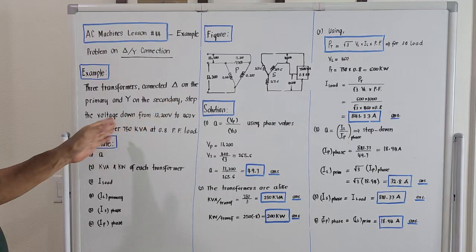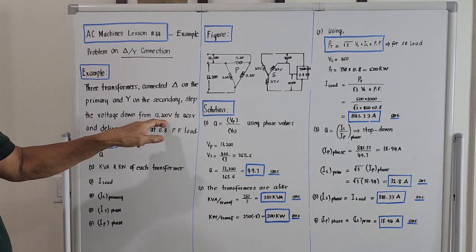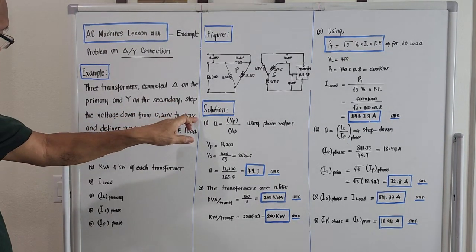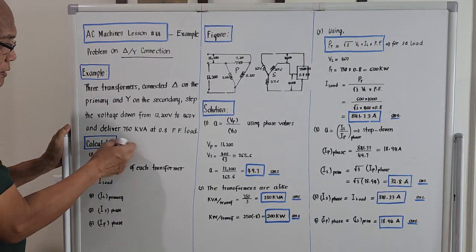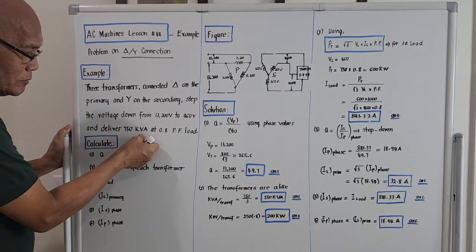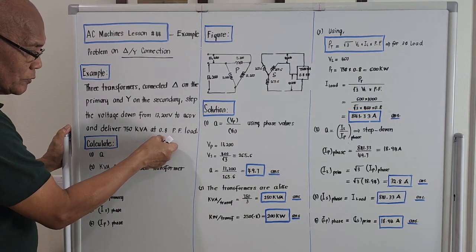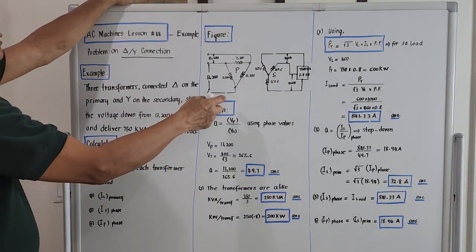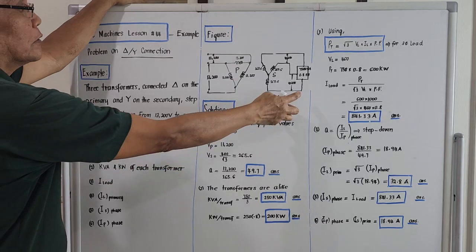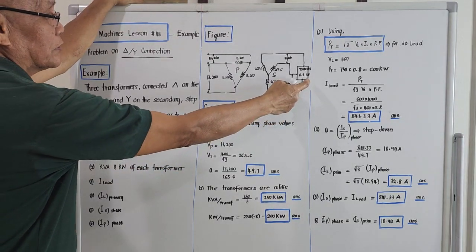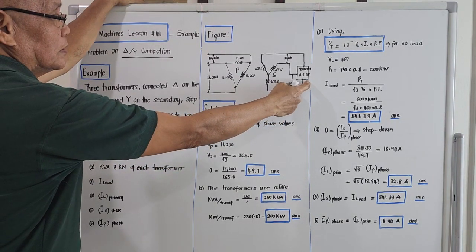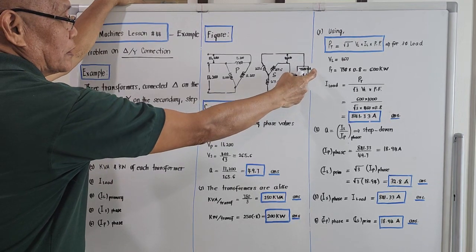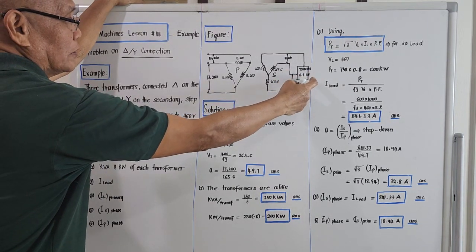Okay, step down the voltage from 13,200 to 460, and deliver a 750 kVA load with a power factor of 0.8. So with this configuration, the connected load on the secondary is a three-phase balanced load. Total rating is 750 kVA, 0.8 power factor.